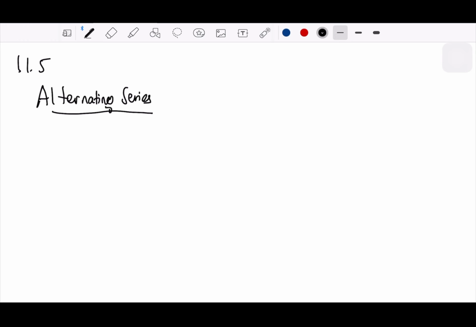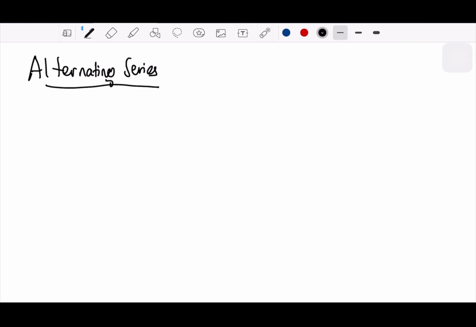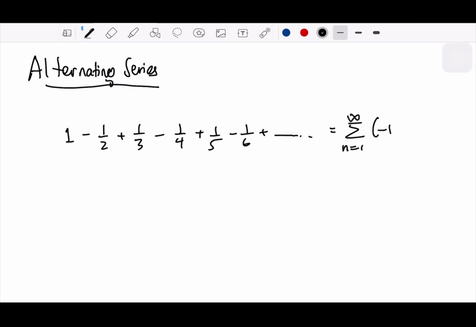So alternating series means that the series will have alternating signs. So positive, negative, or negative, positive, negative. Now, if we look at the example, we have 1 minus half plus 1 over 3 minus 1 over 4 plus 1 over 5 minus 1 over 6, and then maybe we can write this in terms of this pattern.